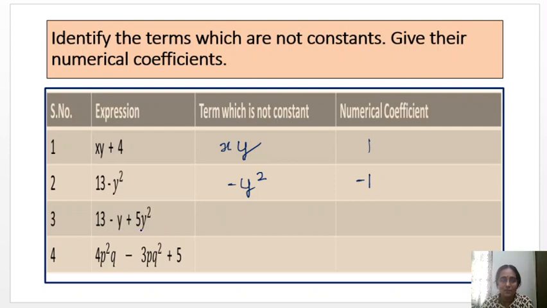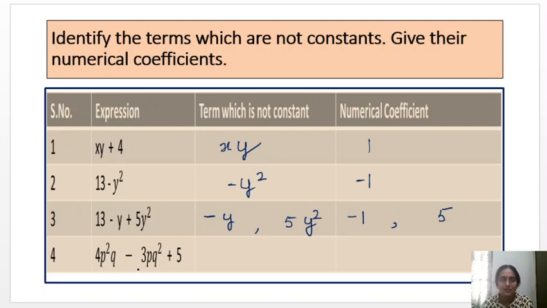13 minus y plus 5y square. Minus y and 5y square are the non-constant terms of this expression. Which are the numerical coefficients? It is minus 1 and 5. Now 4p square q minus 3pq square plus 5. Here 5 is the constant term.